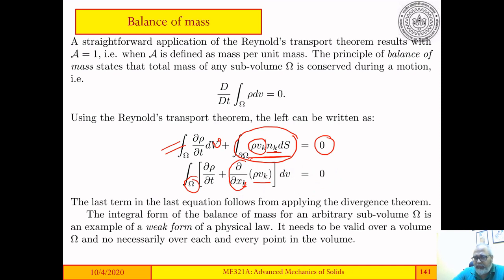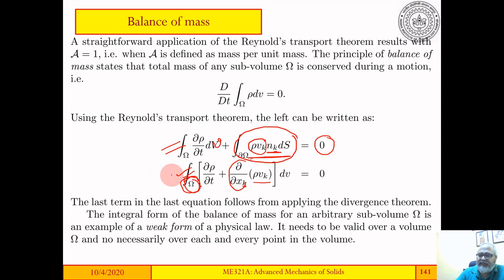Now comes an important argument. I suggest that no matter how small this arbitrary volume omega be, this statement must always be valid. So I can shrink omega down to the level of dv, and then still this equation has to hold.